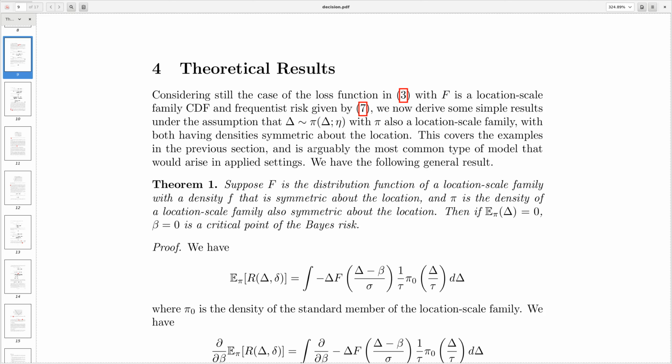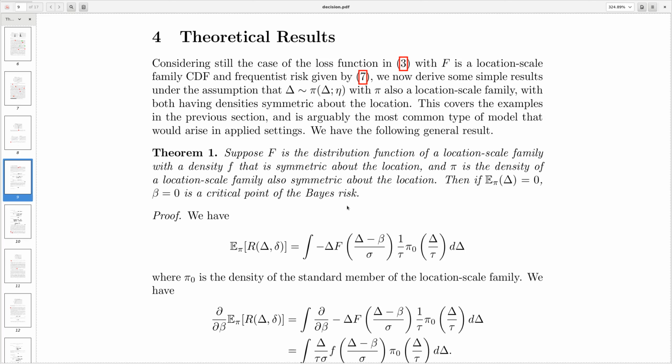We now derive, okay, where is the frequentist risk? Okay, it's somewhere else. This covers the examples in the previous section. This is the most common type of derived and implied setting. We have the following general results.